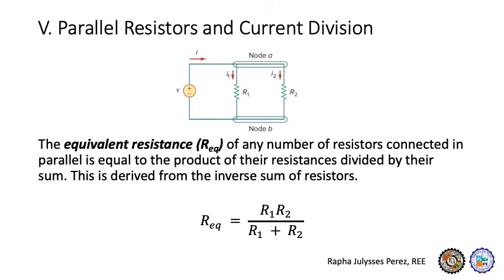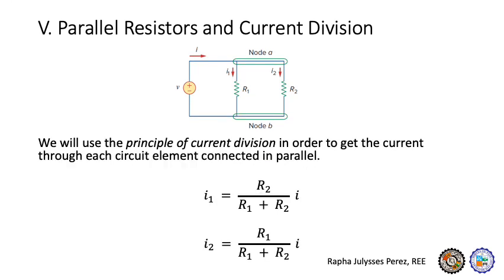Now, why do we discuss current division? Because in a parallel circuit, voltage is equal while current is divided. Hence, we have different values of current for each branch. So we will use the principle of current division in order to get the current through each circuit element or branch connected in parallel.